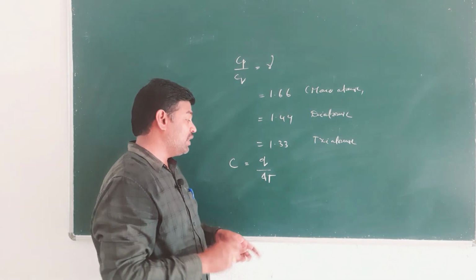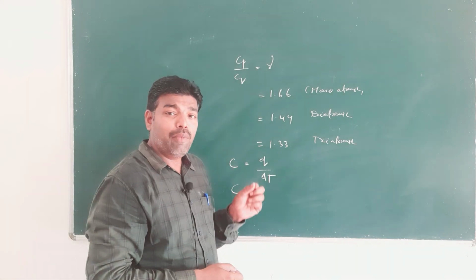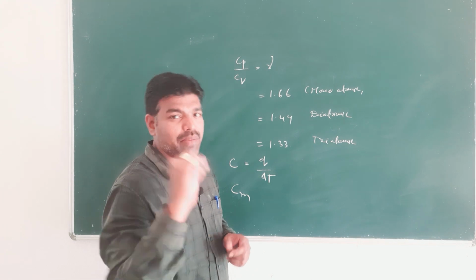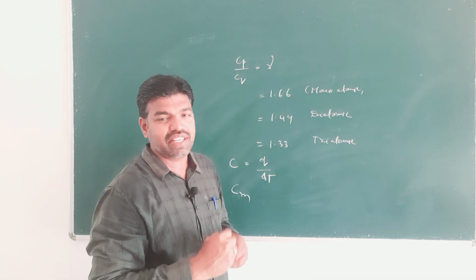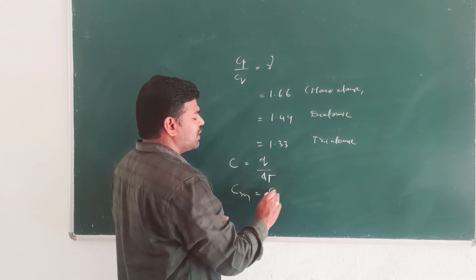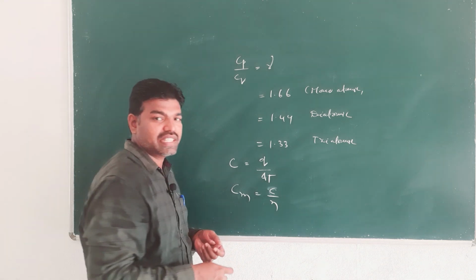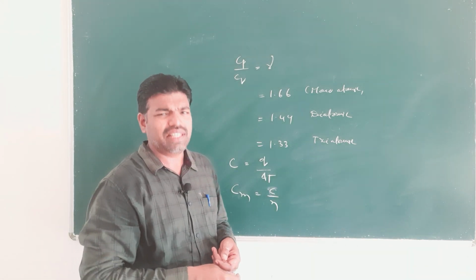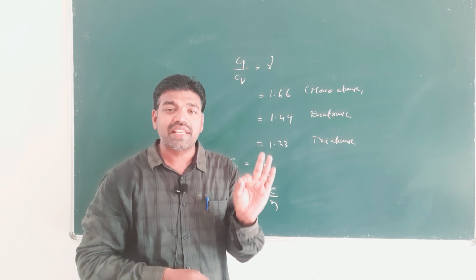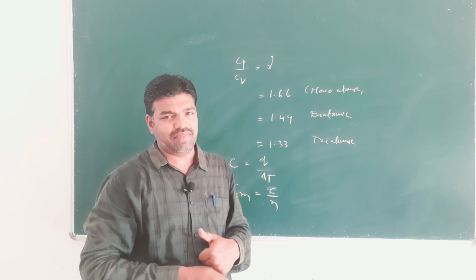Molar heat capacity is defined as the amount of heat required to raise the temperature of 1 mole of substance. That is, molar heat capacity is the heat capacity for 1 mole of substance, right?